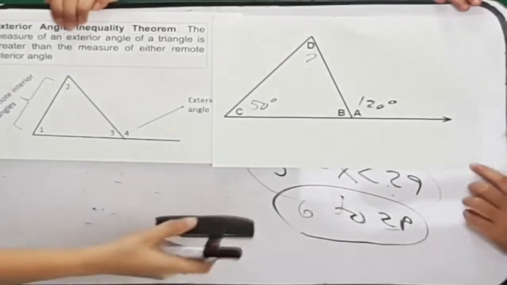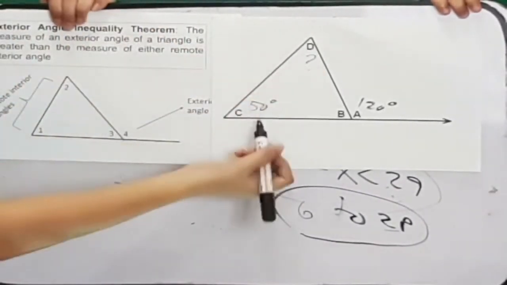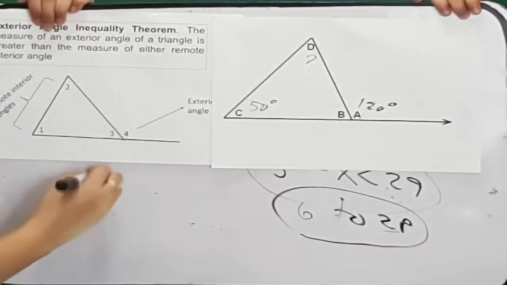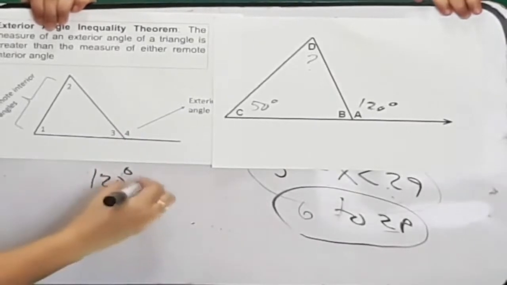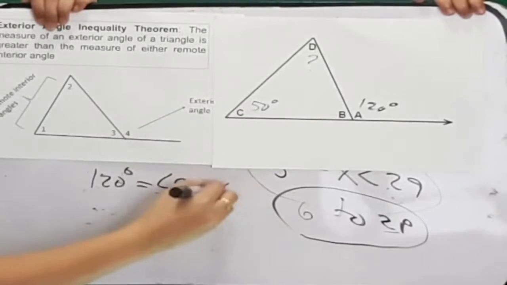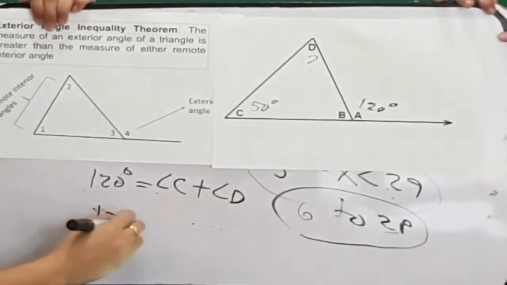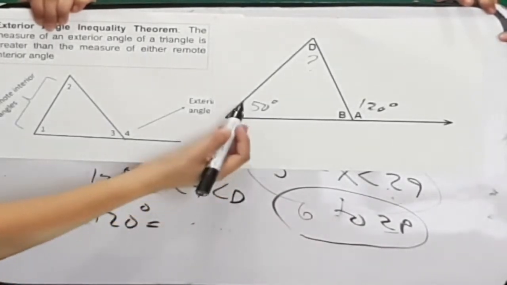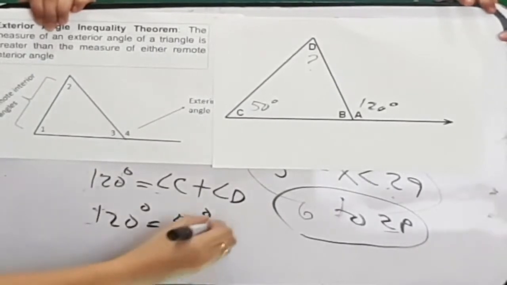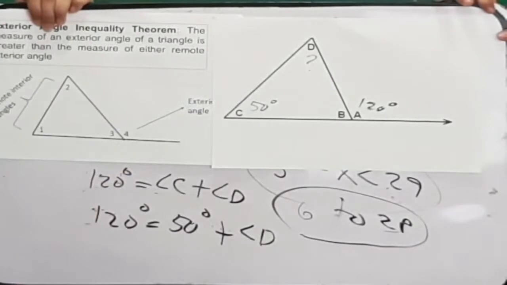The exterior angle is equal to the sum of the measures of the two remote interior angles. Then we have 120 degrees, the exterior angle, is equal to the sum of angle C and angle D. Substituting the values, since angle C is 50 degrees, we have 120 degrees equals 50 degrees plus the measure of angle D, the unknown. So we will find the measure of angle D.